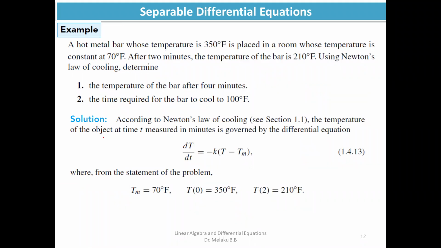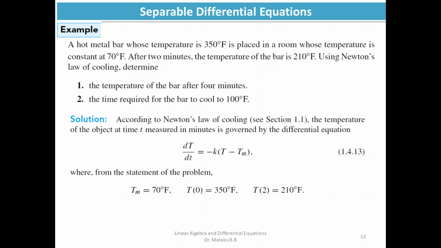Maybe we can consider one differential equation that we considered in the last class. This example is related to the Newton's law of cooling differential equation that we have seen in the last class.